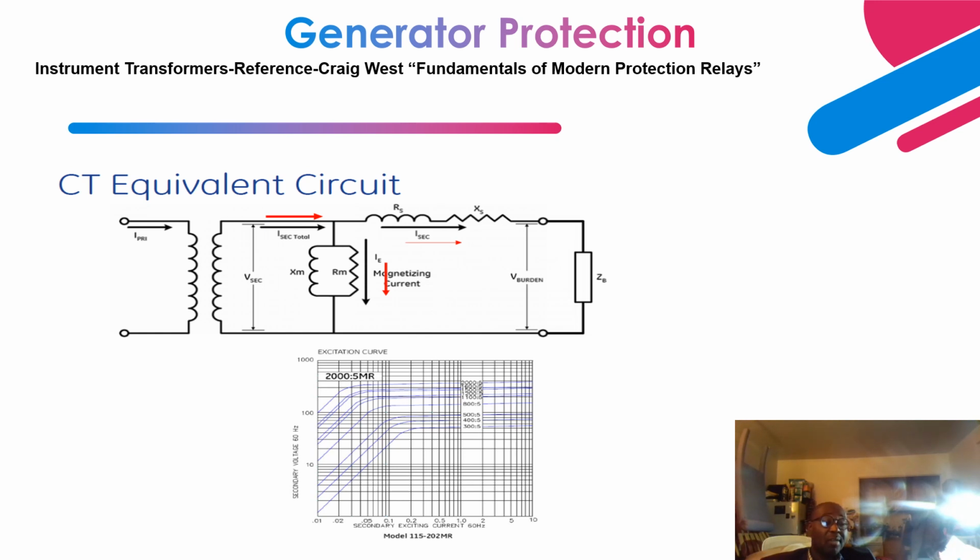You can also have the primary resistance and the primary reactance. Then this is the burden. The burden is the connected instrument transformer or the connected relay, which has a load. The burden is more of a load, and it is represented either by volt amperes or ohms.